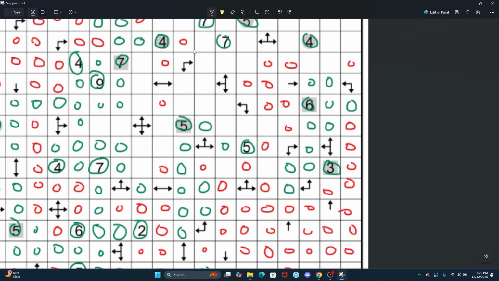I don't know if this one will lead to anything, but this is blocked off like this. So looking at this cell, this can't be red or else that gets completely blocked off. So that has to be green.